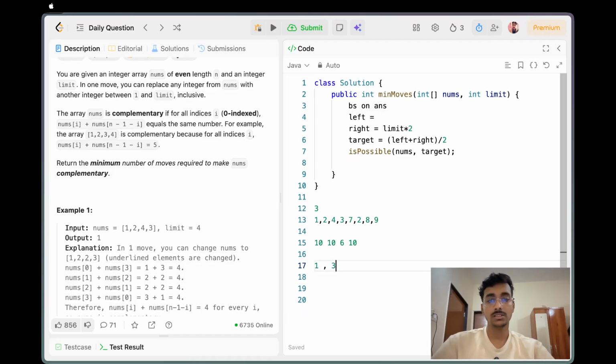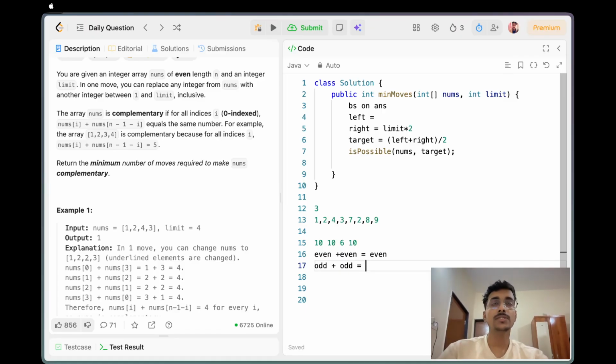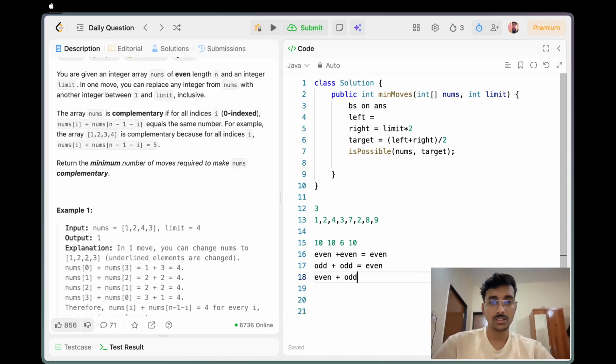Okay, so even plus even is even, odd plus odd: 3 plus 5 is 8, even. Even plus odd: 3 plus 4 is 7, odd. Okay.